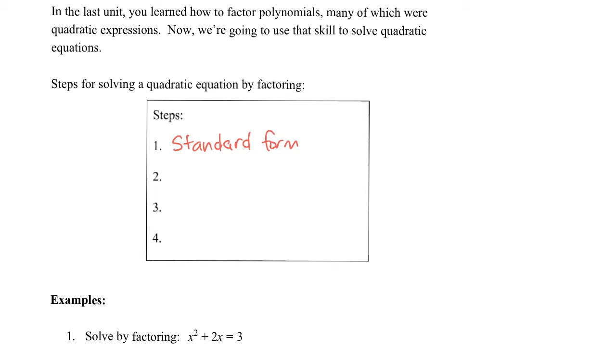Standard form, as you may or may not remember, is ax squared plus bx plus c, and now we want that equal to 0. So whenever we solve quadratic equations, we always want them to be equal to 0 before we start. Step 2, we're going to factor.